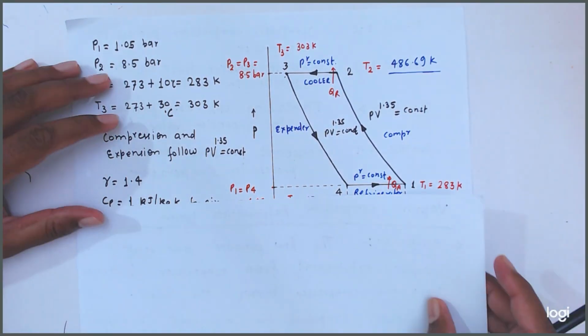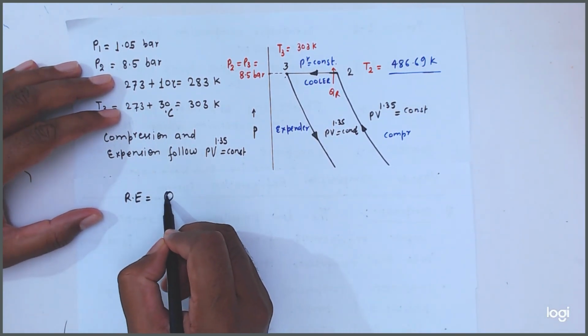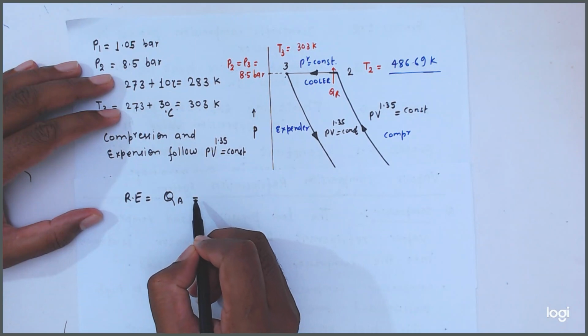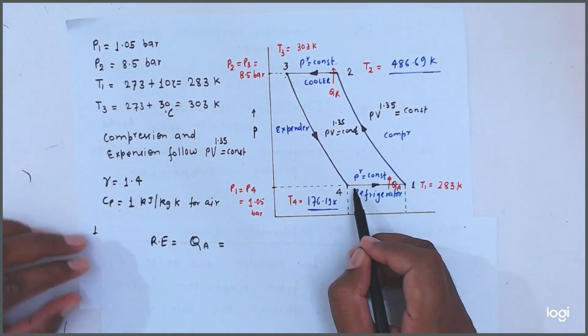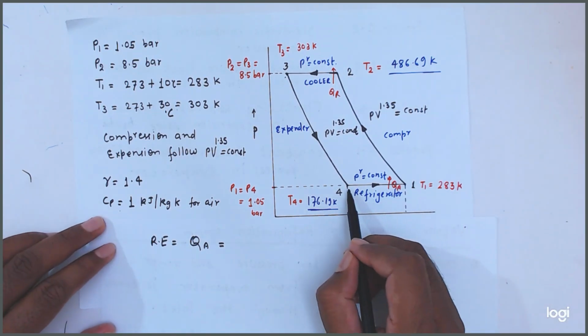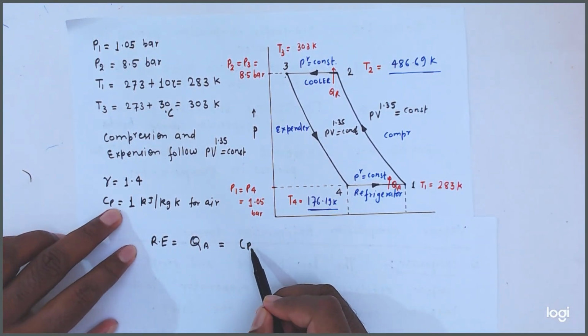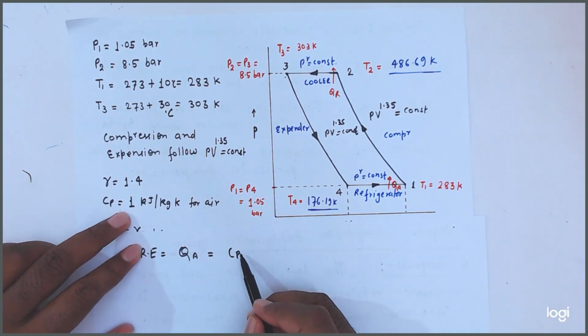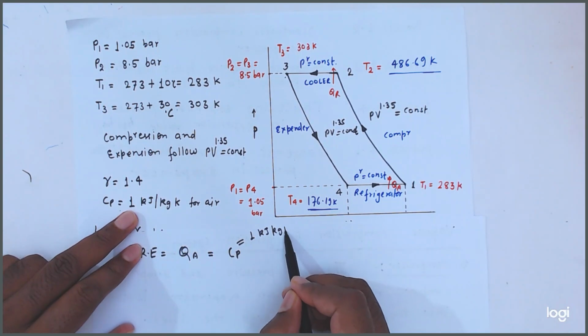Now we will find the refrigeration effect, equal to the heat addition. This is at constant pressure, so for this we will take Cp equal to 1 kilojoule per kg Kelvin.